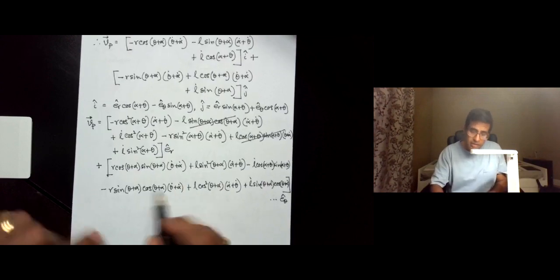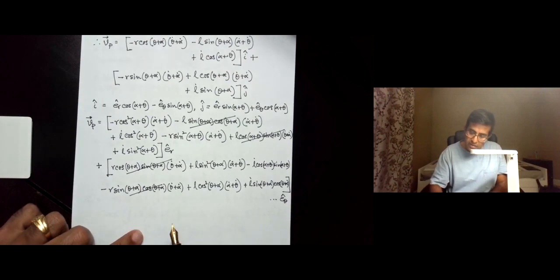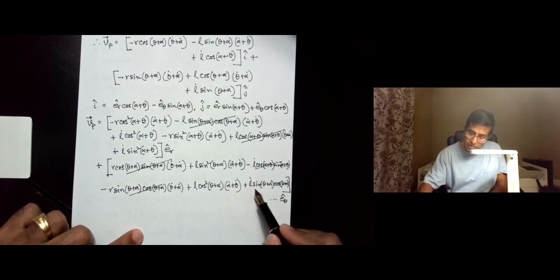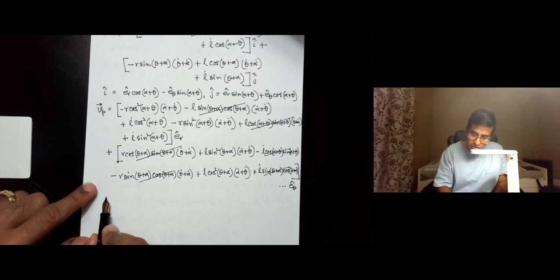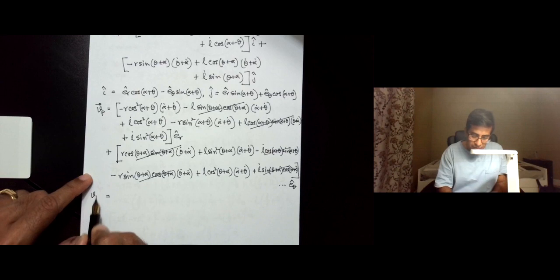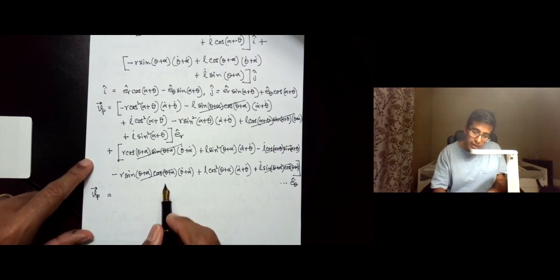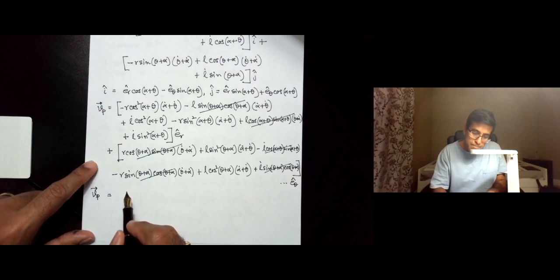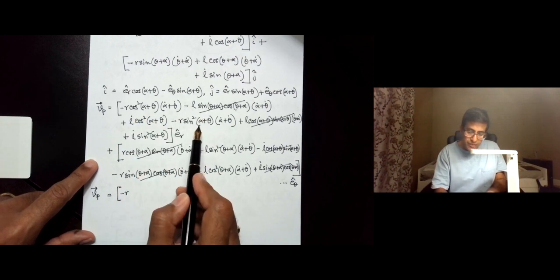Right? So here again we see that there are some cancellations. This term and this term cancels, and actually this term and this term cancels as well. So then the expression for Vp that we have is quite simply minus r, and we are going to add these two.